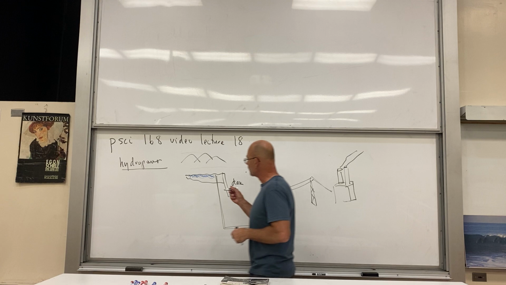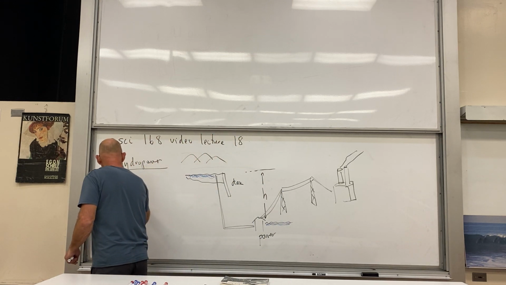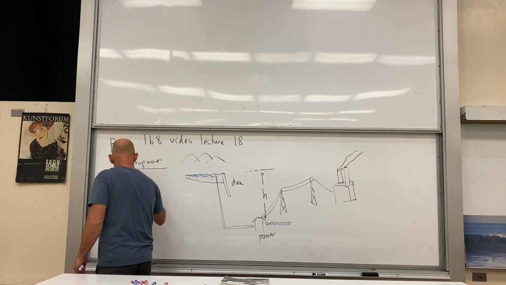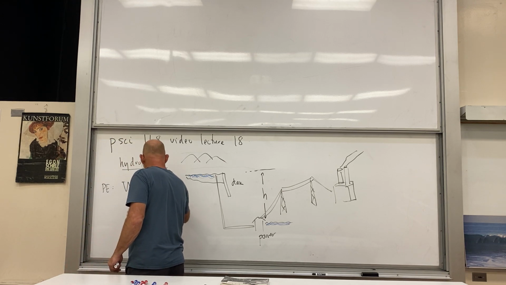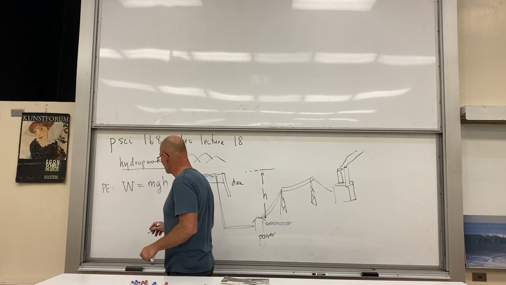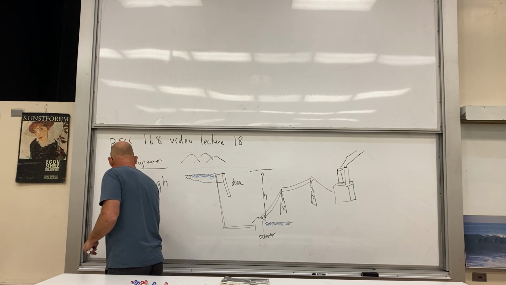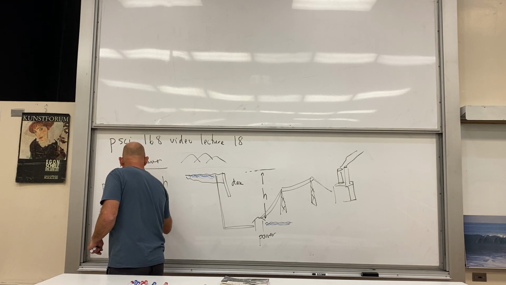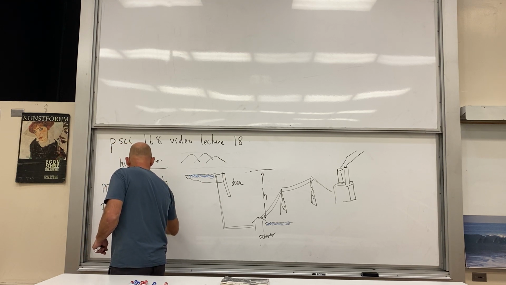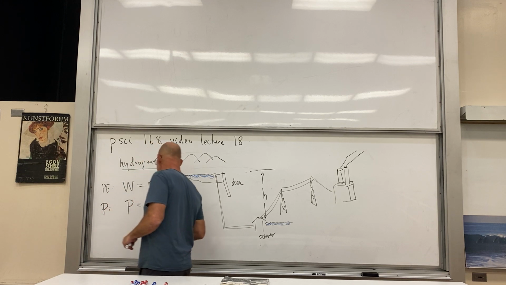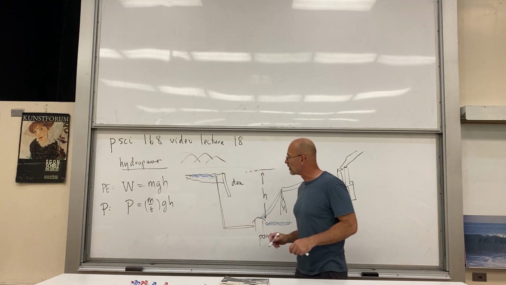Good, and I'll put the formulas here. The potential energy, we'll call it W, is just the mass of the water, g times h. We have the power formula, m over t g h, seemingly the same thing, but not quite.